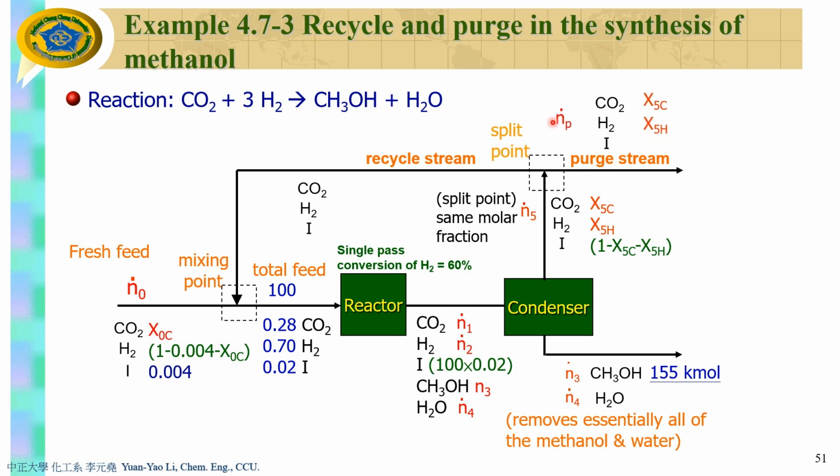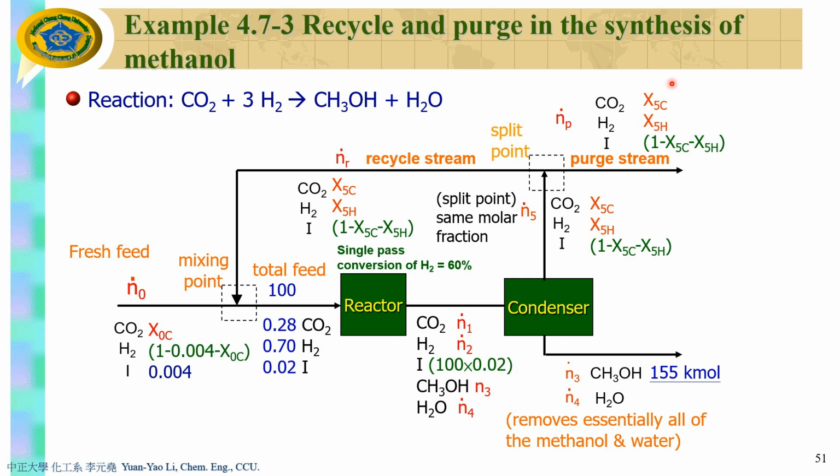P stands for purge, so this fraction will be the same as this fraction, and R stands for recycle, so these three fractions will be the same. So you reduce the unknowns in this case.